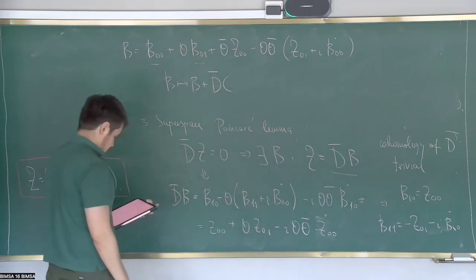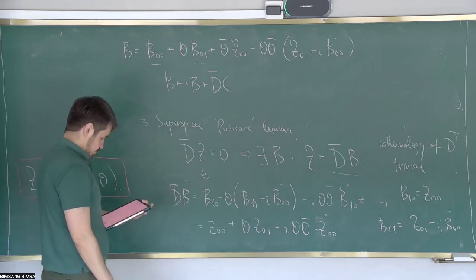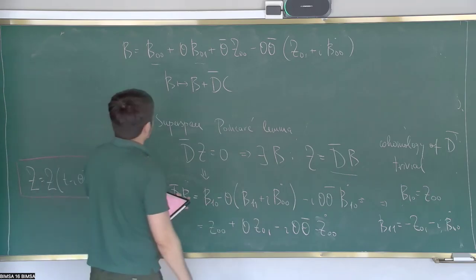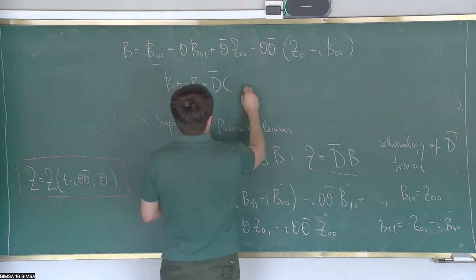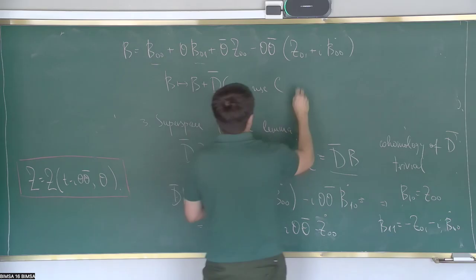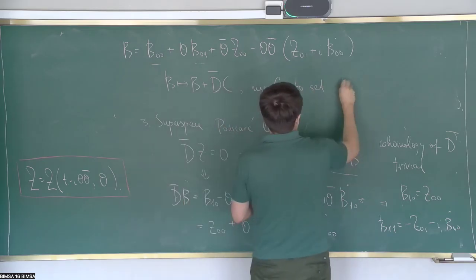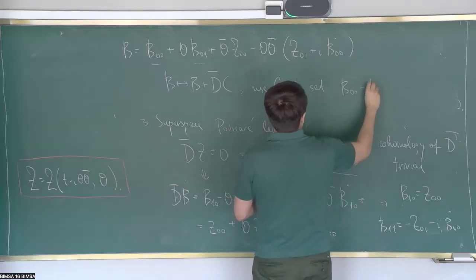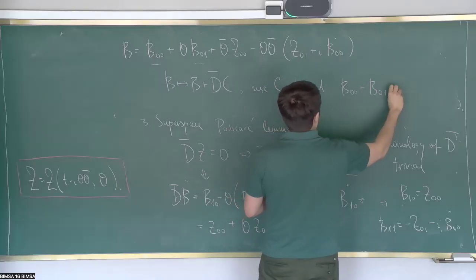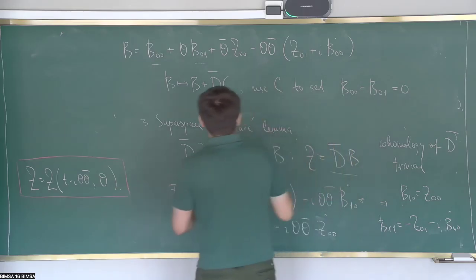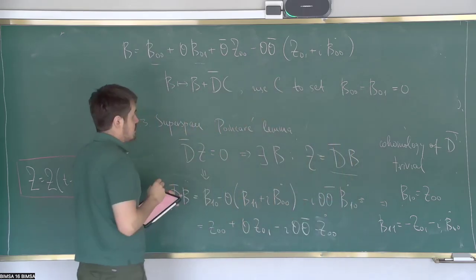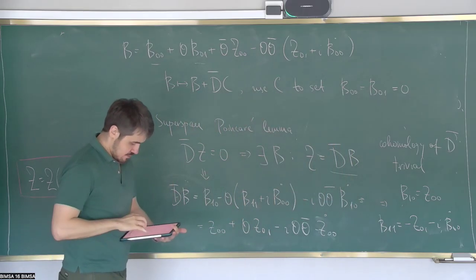And so that field C we can use precisely to kill those components, to set D0,0 to 0. If you wish, you can do that. So let's precisely take the right content.